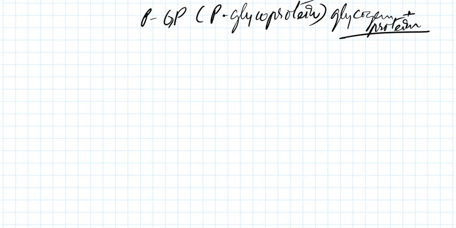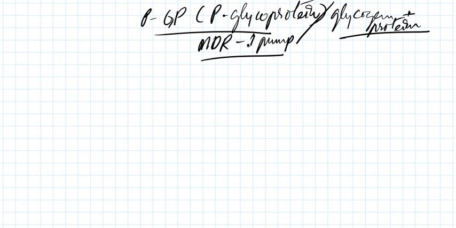So PGP, P-glycoprotein, or in other words, it can be defined as multi-drug resistance 1 pump, MDR1 pump, right? So this is about PGP. We'll discuss what a PGP is.